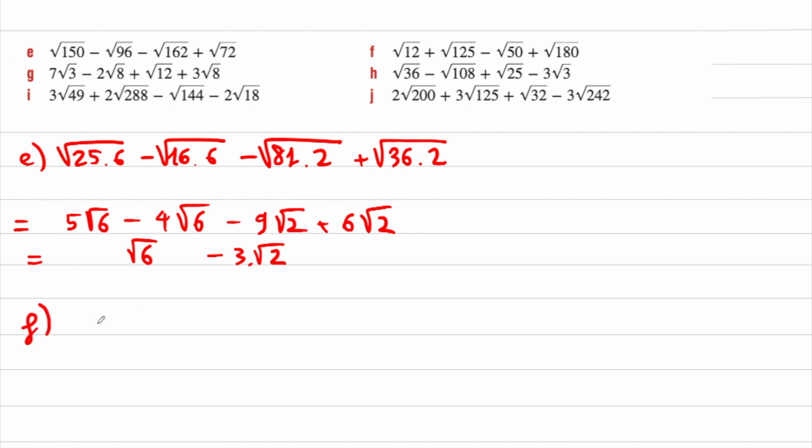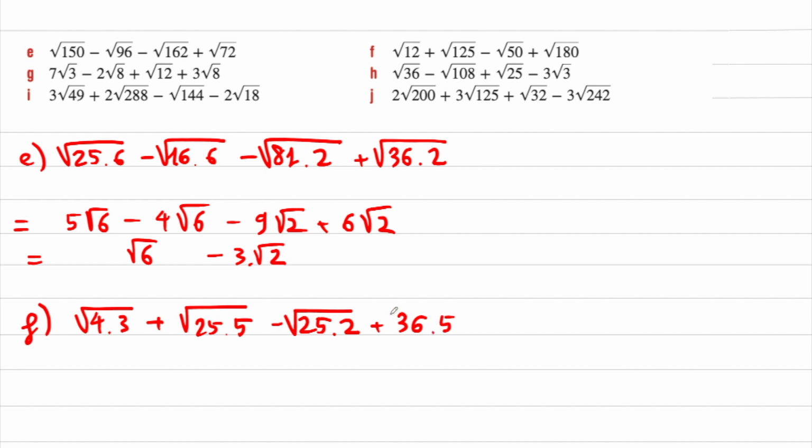About question F, 4 times 3, I will factorize so the number becomes a square number, factorizing with square numbers. 25 times 5, 25 times 2, and for this one, 36 times 5.